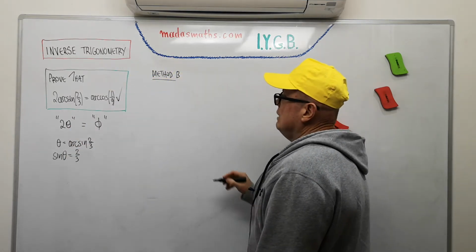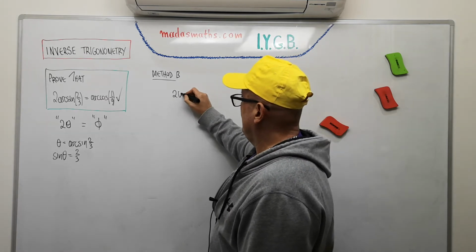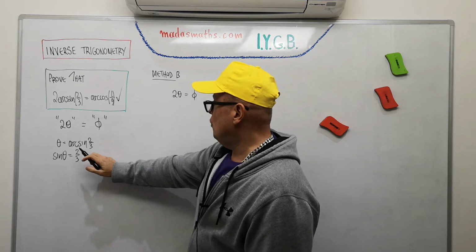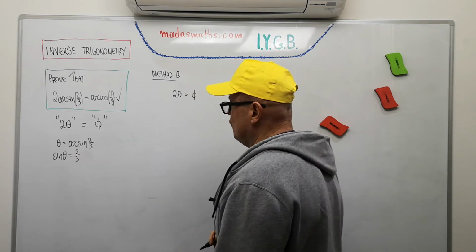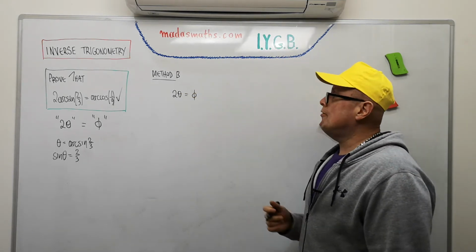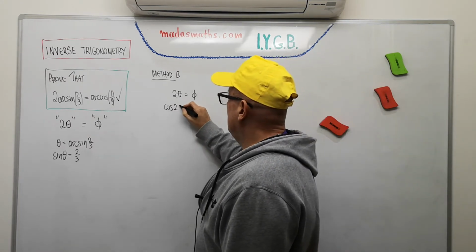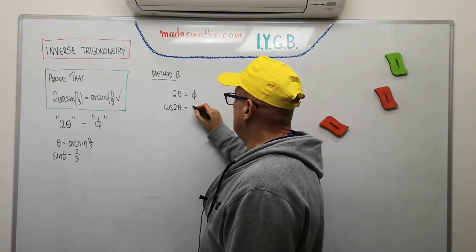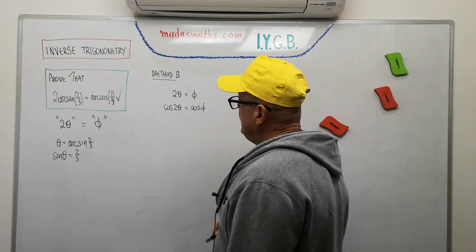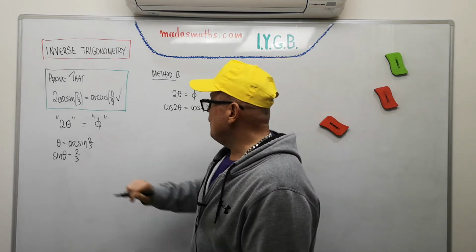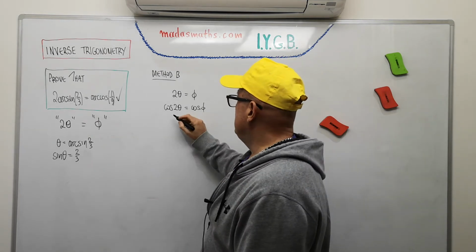So I'm going to take this equation here: 2 theta is equal to phi, where theta is, of course, the arcsine of 2/3, and phi is to be found. Okay, I'm going to take cos on both sides. Cos of 2 theta is equal to the cos of phi. I don't need any triangles for this particular one, because I can use directly the information that I have been given in there.